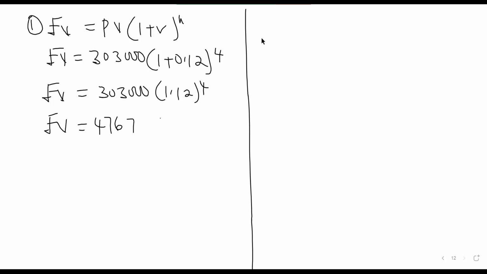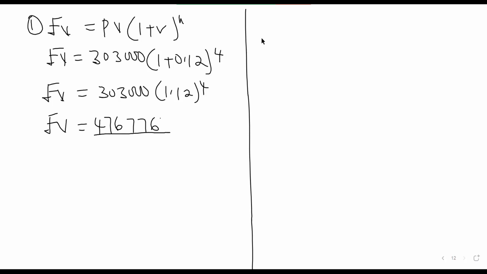You can just leave it as a whole number. It is this amount that you are going to be paying at the end of the 4 years, isn't it?